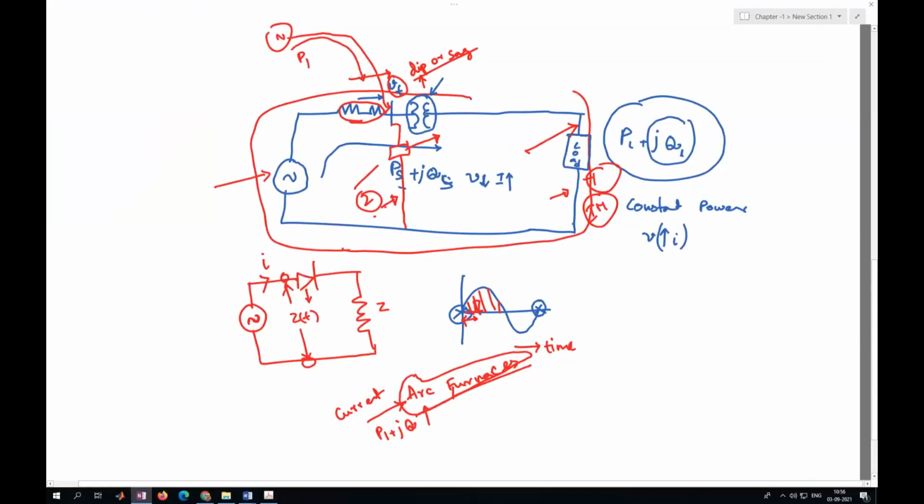Then obviously, most distribution systems or transmission lines are designed by considering the inductance and the capacitance, right?